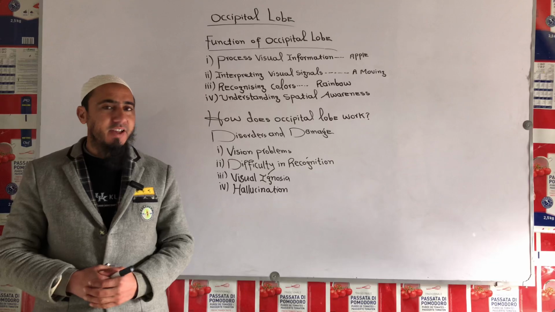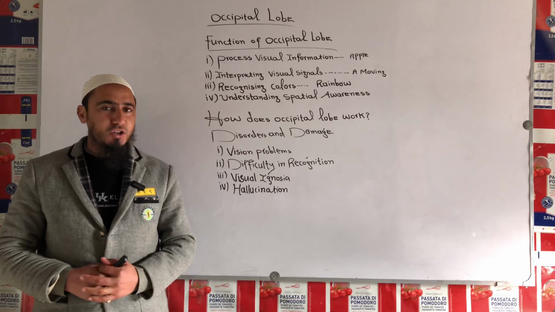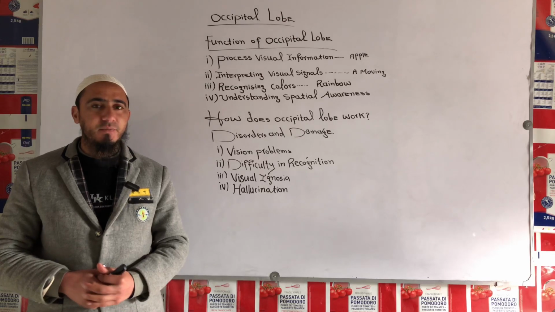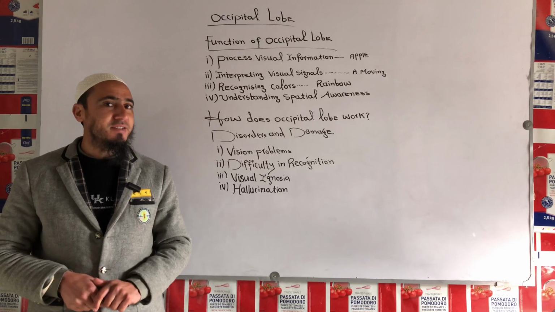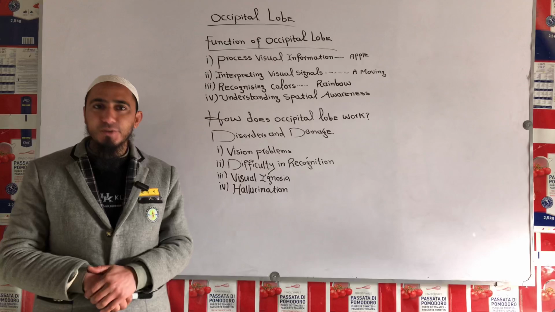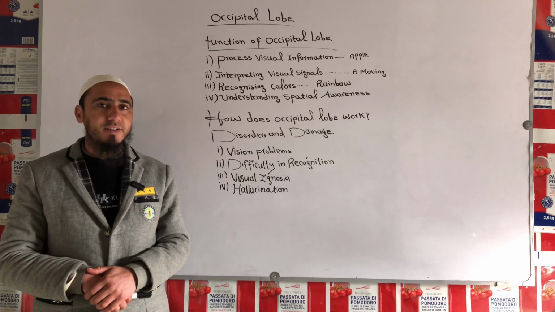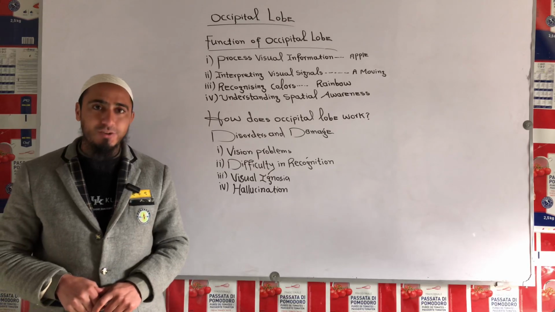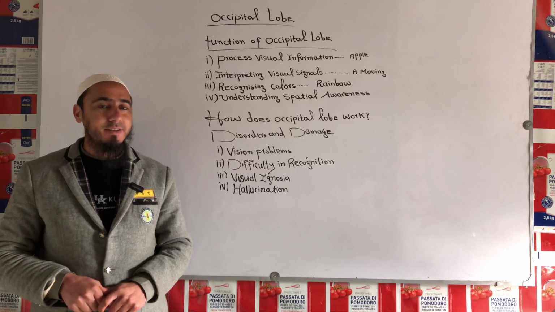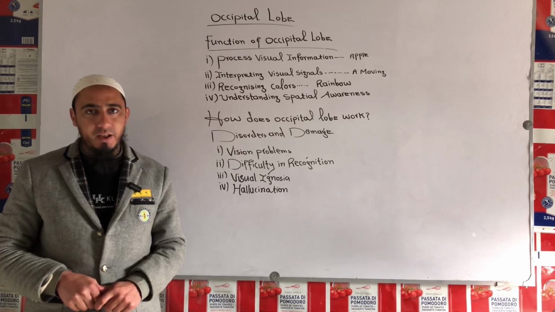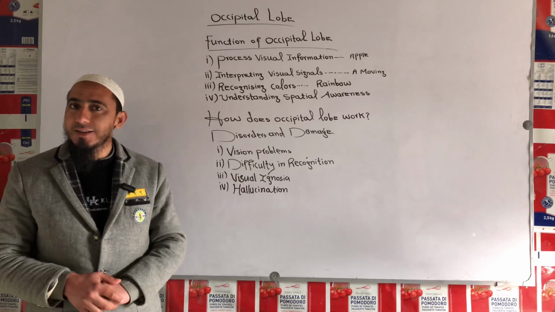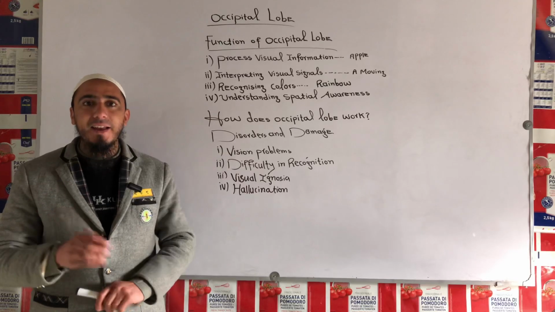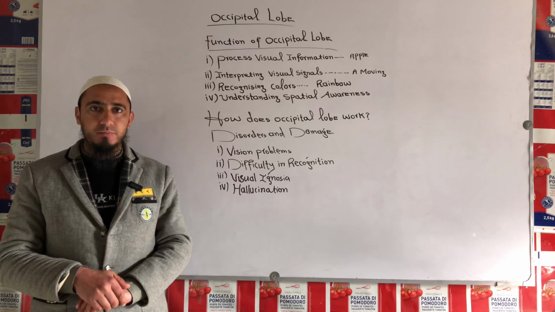Honorable listeners and respectable audience, you know that we have started a series of linguistics. In linguistics, we have commenced the chapter known as neurolinguistics. In neurolinguistics, I told you the definition and explanation: neurolinguistics is the study of the relationship between brain and language.